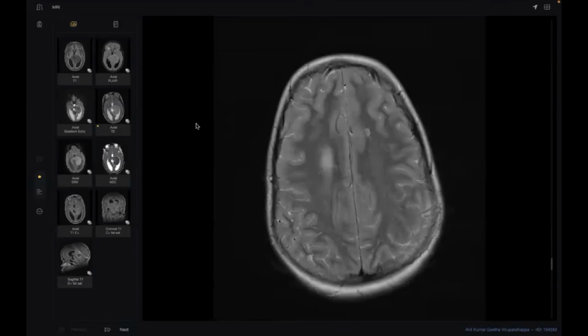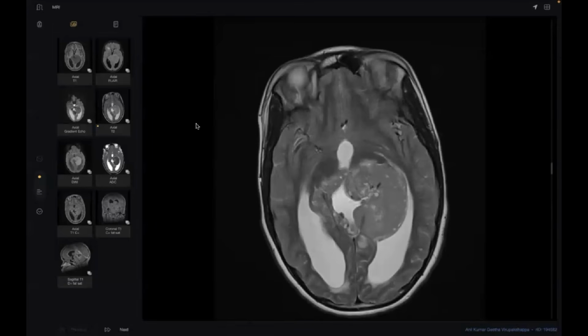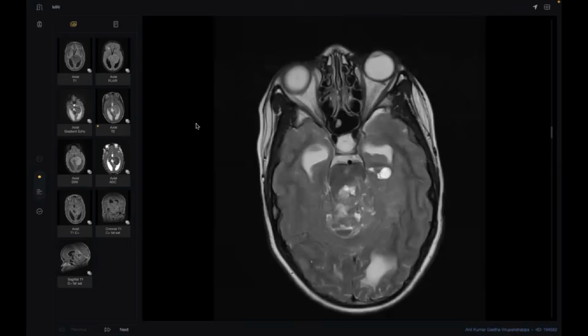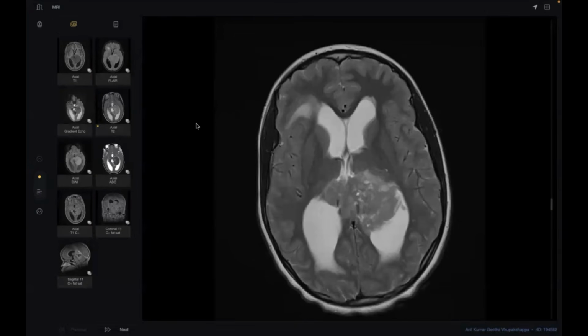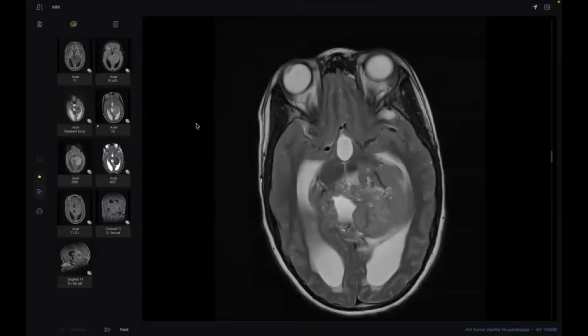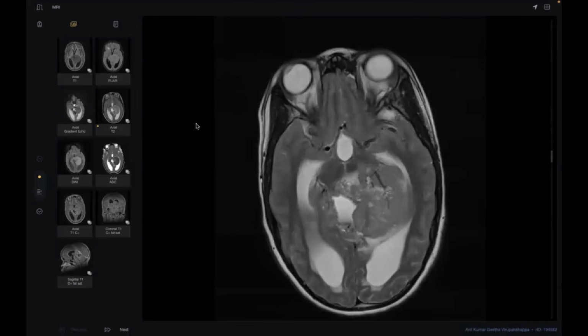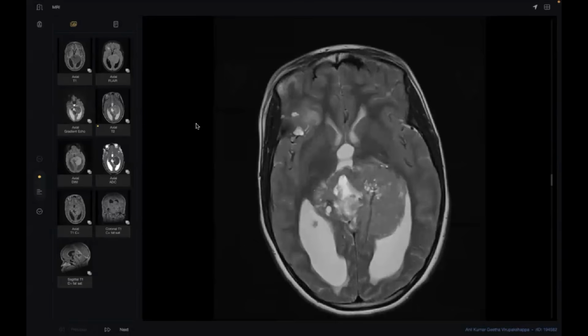Okay, what's your diagnosis? In a child, I think my first differential would include a choroid plexus papilloma, as I cannot appreciate any parenchymal invasion of this lesion.